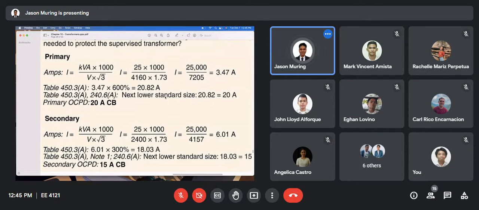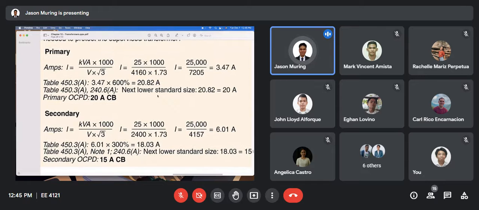And the next standard is, oh, it's not the next standard now.